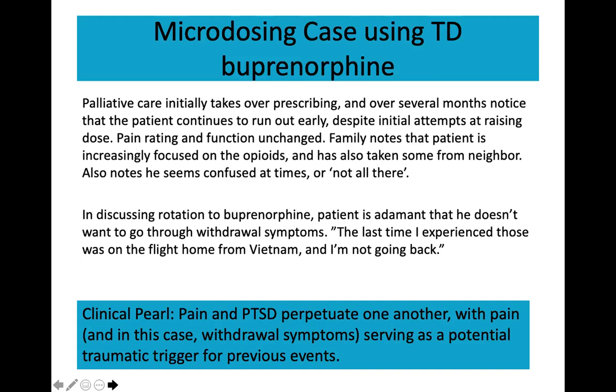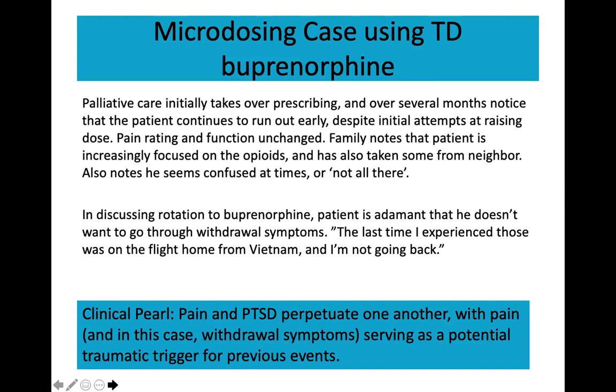What became hard was that when we talked about approaches to initiation, this person was adamant that they didn't want to go through withdrawal symptoms. For them, going through withdrawal immediately brought them back to the last time they had experienced it, when they had been using opiates in Vietnam and then began to experience withdrawal when they were coming home.